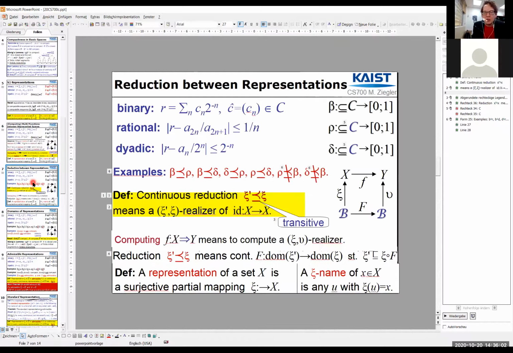And then in order to study and to compare different representations of the same space, we have introduced the notion of a continuous reduction. Now you know reduction, computable reduction, in CS 422 computability theory, the first part, and of course polynomial time reduction, the core of the definition of the famous complexity class NP-complete.